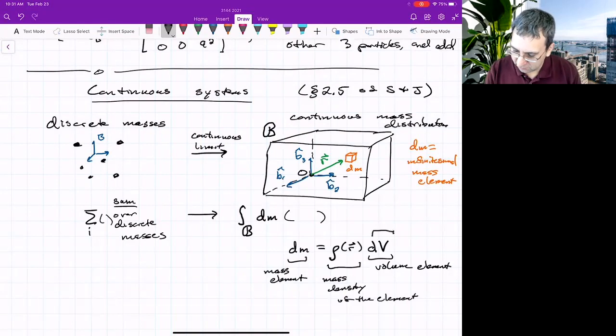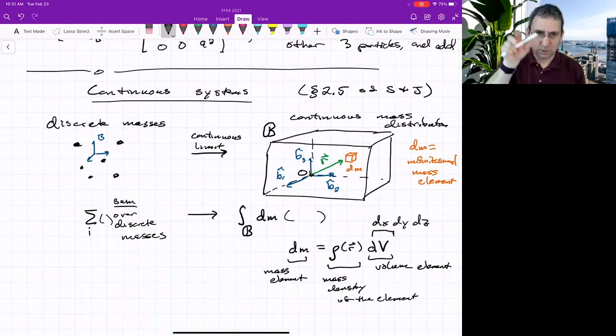And often, dV could be written in different ways depending on what your coordinates are. If we use the usual Cartesian coordinates, right, this would be written as dx, dy, dz. So instead of thinking this is a single integral over individual mass elements, it might be a triple integral over dx, dy, dz.